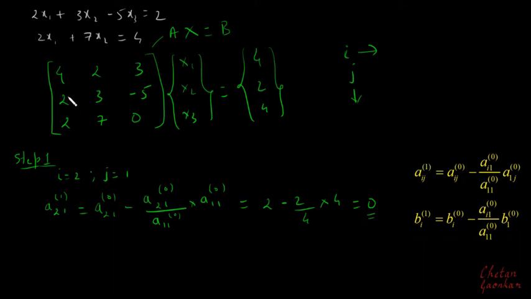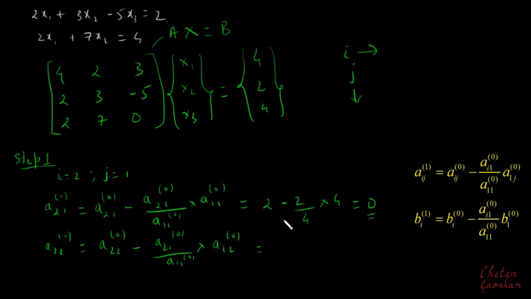Now the same thing I will have to do on this, and on this. For this, it will be a22, right? This 2 and 2. So a22 new will be a22 original minus a21 original divided by a11 original multiplied by a12 original.